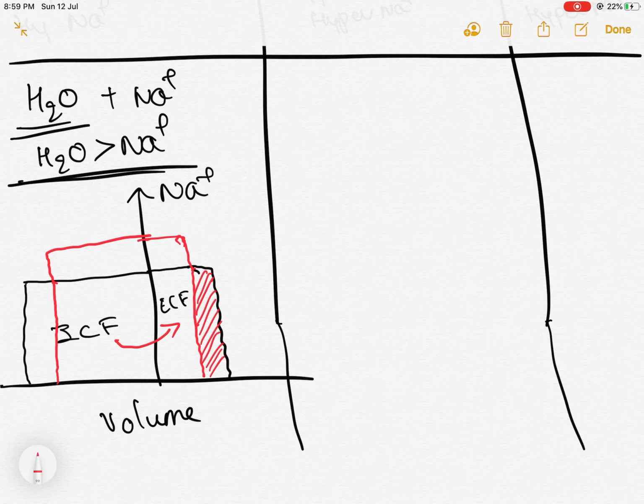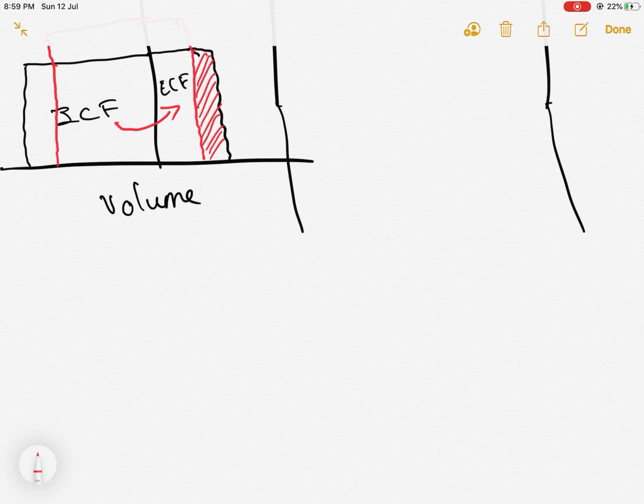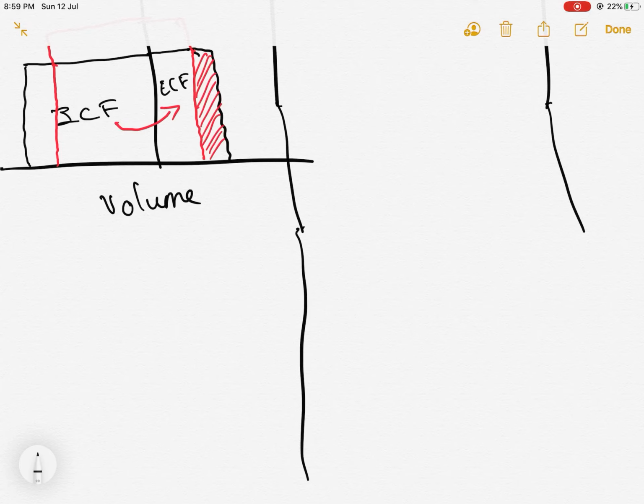The new graph we get shows reduction in extracellular space, reduction in intracellular fluid, and increase in sodium concentration. This is the new graph we get when there is more loss of water compared to sodium. So what are the causes of loss of sodium and water? Loss could be renal or extrarenal.